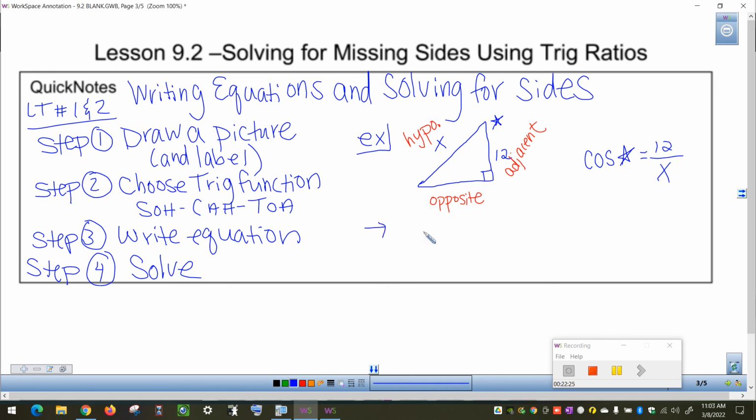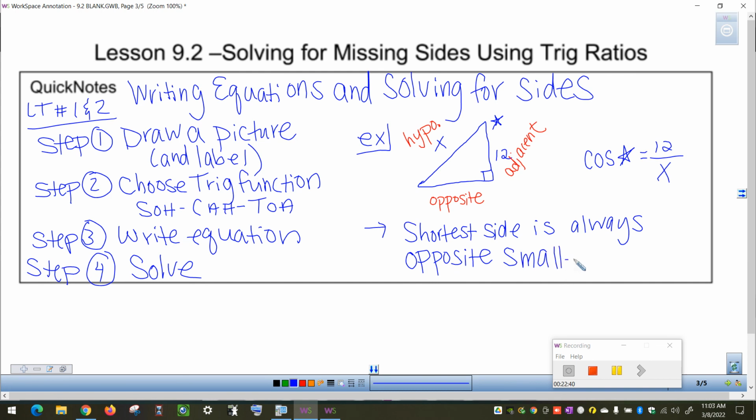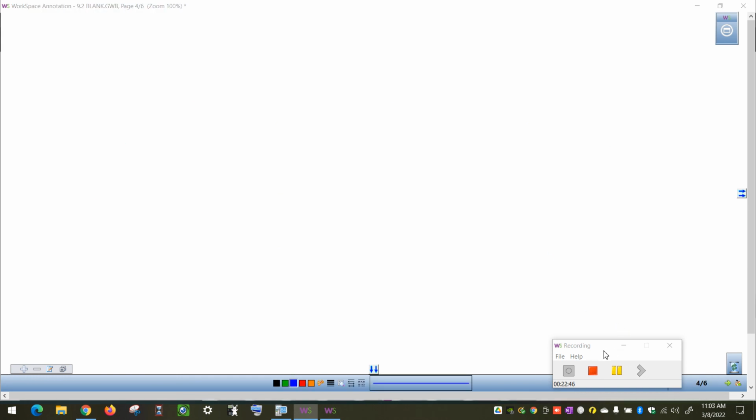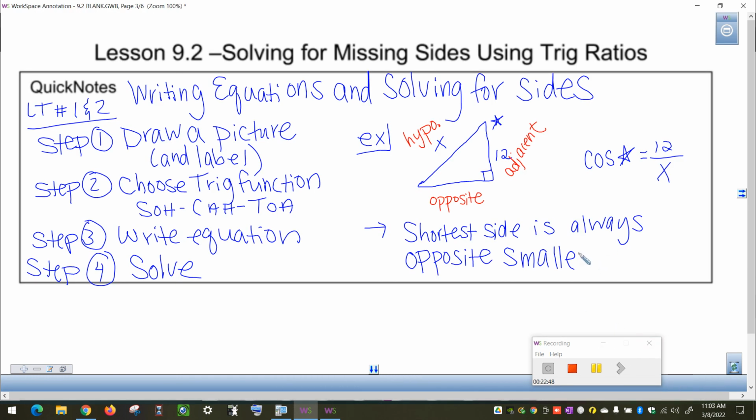The fact is that the shortest side of your right triangle is always opposite of the smallest angle. Whoa, what am I writing? Sorry. Okay, let's find our page. Smallest. My brain did something really strange there. The shortest side is always opposite the smallest angle.